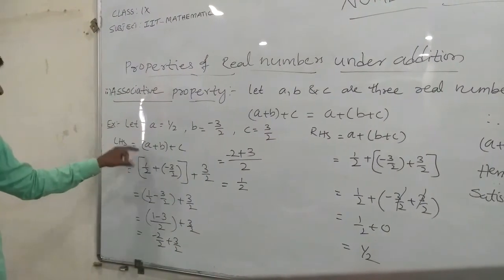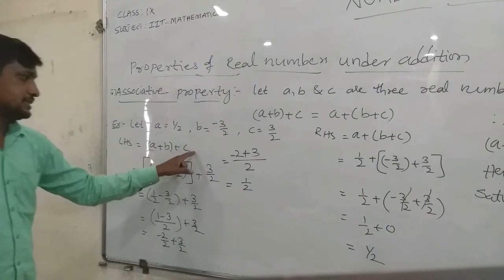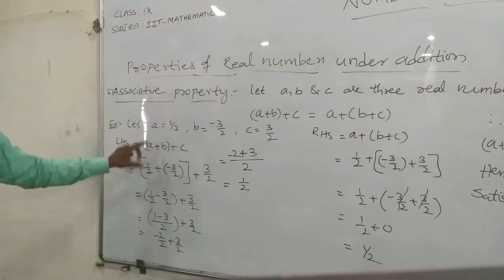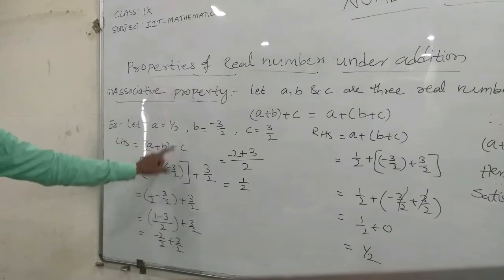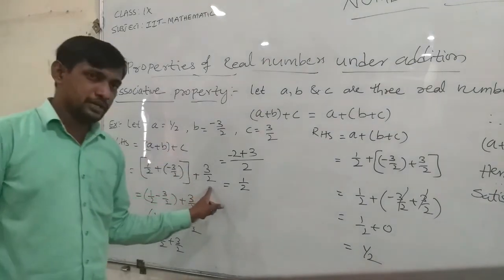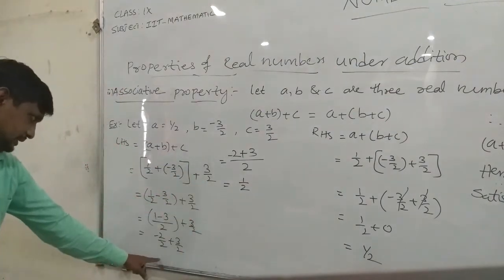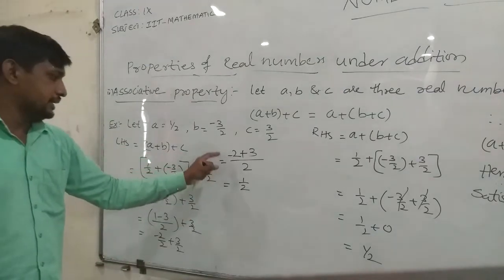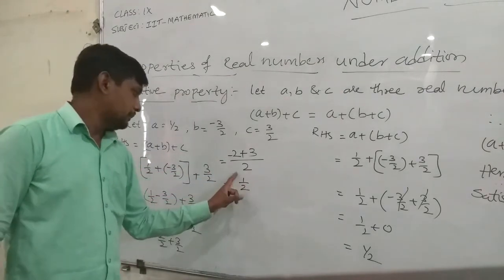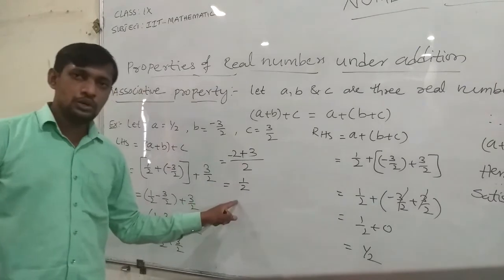Here I am taking the LHS, that is (a + b) + c. Then I substitute the values. After simplification, I am getting a value of 1 by 2. That is, LHS is equal to 1 by 2.